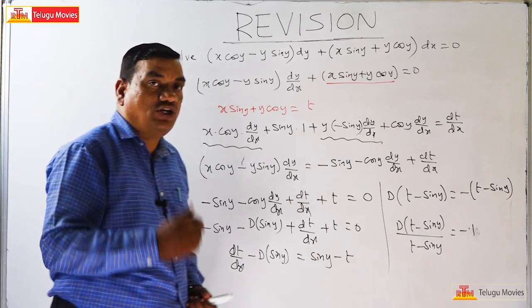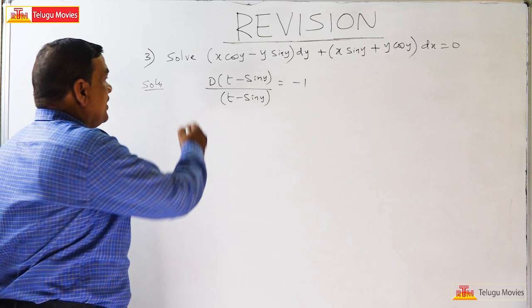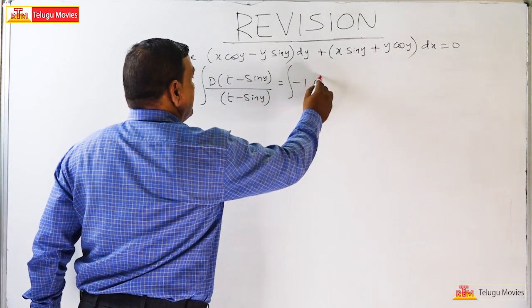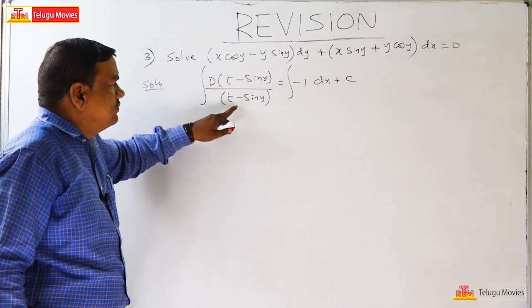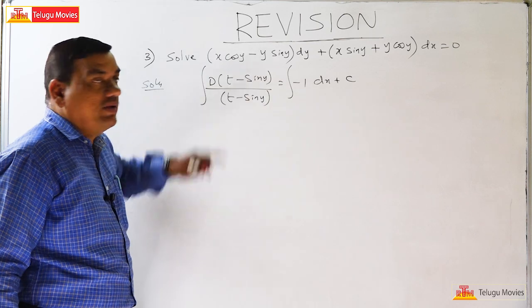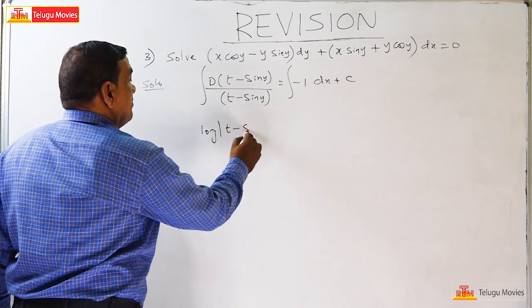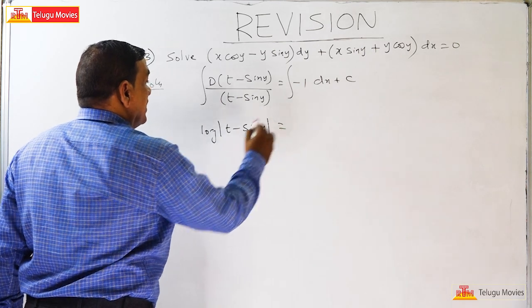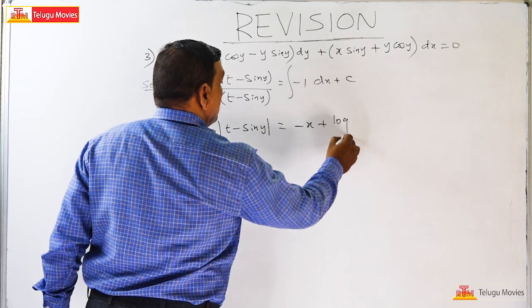Okay, now let us continue the solution. Welcome back to the remaining calculation. So we got here, we will write down the integration of minus dx plus c. Now the derivative of the denominator is in the numerator, therefore we know that this is log of t minus sin y, which is equal to minus x plus log c.